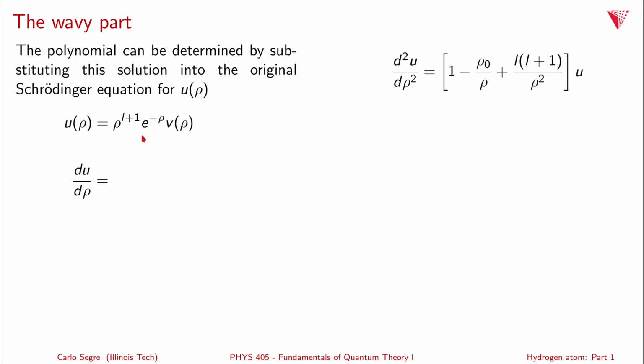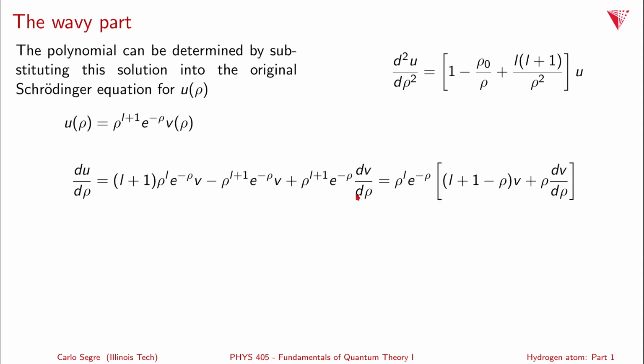We take the first derivative of u with respect to rho, and the first term gives me an L plus 1 times rho to the L e to the minus rho v. Then we take the derivative of the second part. We get minus rho to the L plus 1 e to the minus rho v. And then we take the derivative of the third one, which gives rho to the L plus 1 e to the minus rho dv d rho.